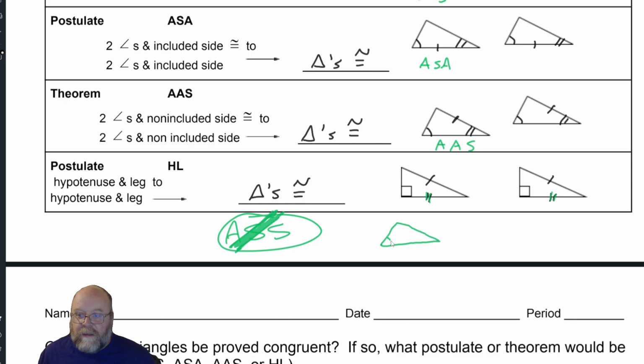Let's say this angle's congruent. This side and this side. Okay. Now check this out.